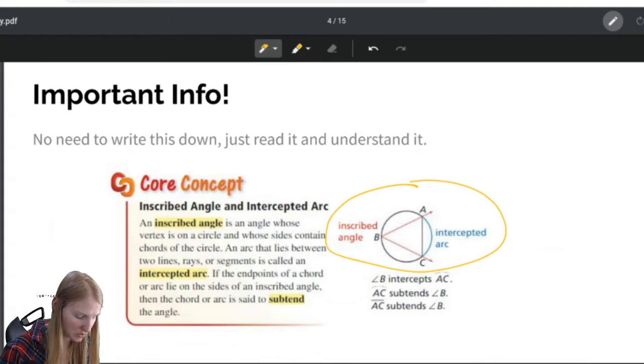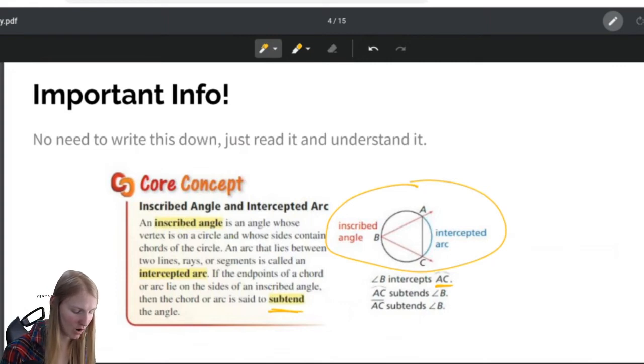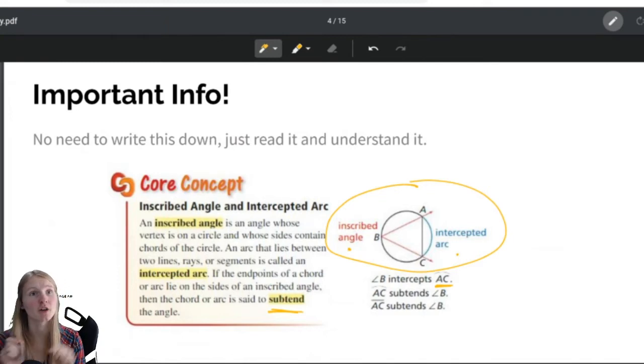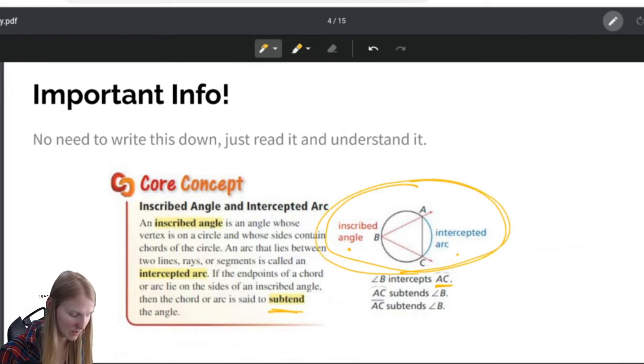Angle B intercepts this arc AC. We also say that an arc subtends the angle. Fancy way of saying that the arc and the angle go together. The angle intercepts the arc and the arc subtends the angle.